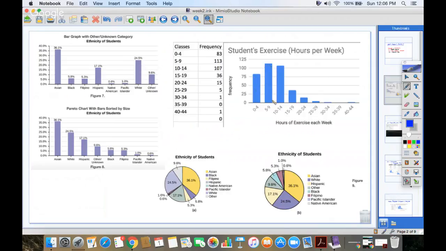Majority of students in this column here did 5 to 9 hours per week, so over 100 students. And very few students exercise, say, from 30 to 40 hours per week. So we can see we have this distribution of the amount of hours students exercise. And frequency is count. How many students were in this group between 10 and 14 hours? About 100.